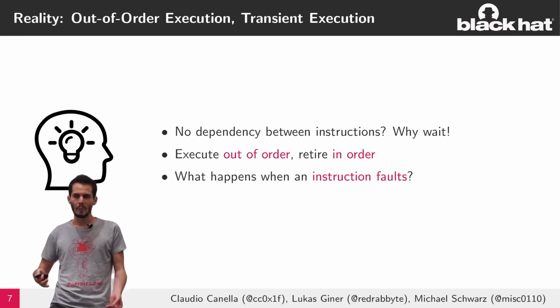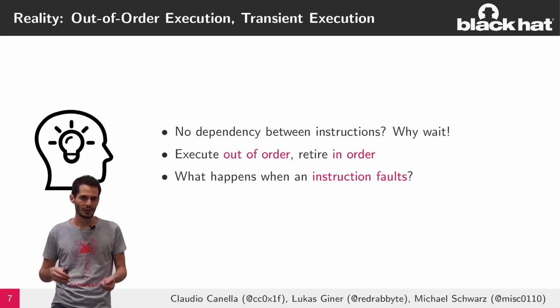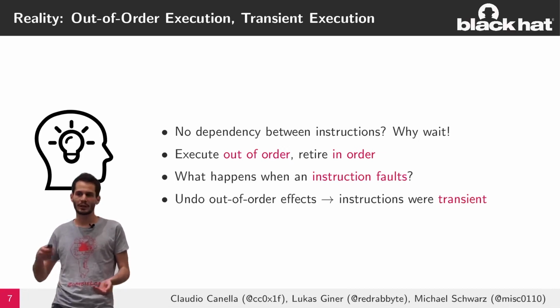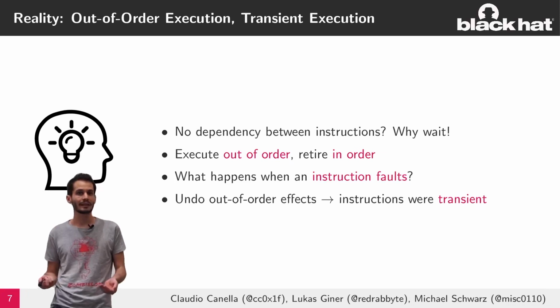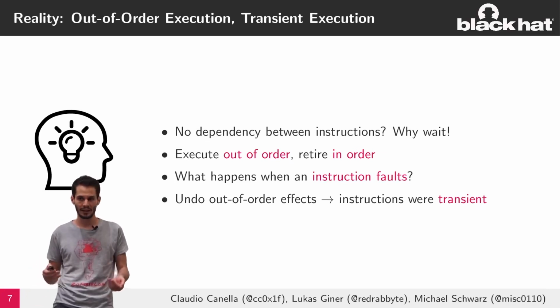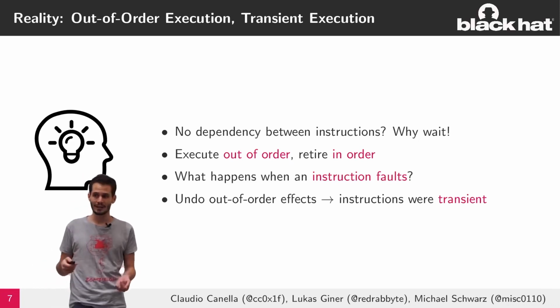Now an interesting situation is when a fault happens and there are already newer instructions in flight that are already calculating on data. What do we do with them? For this, the processor tracks the architectural changes that instructions would make, and if there is a fault, it undoes the out-of-order effects.